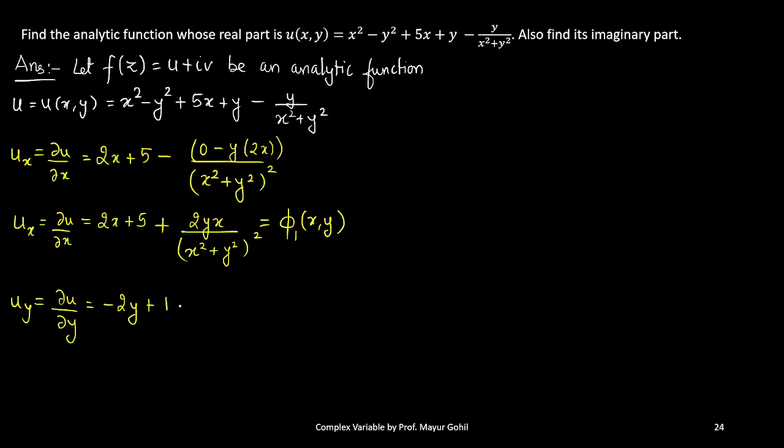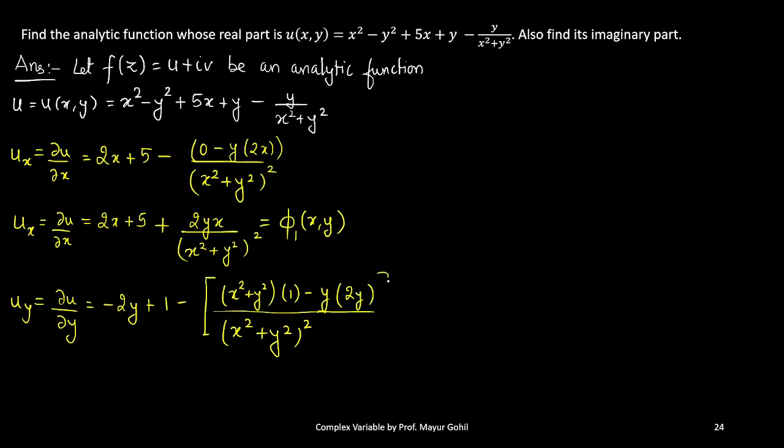Here again when we apply the u by v rule, we get x square plus y square the whole square, and then the derivative of the numerator, that is y, it's 1, minus y times the derivative of the denominator with respect to y. Now x square is 0 and y square derivative is going to be 2y. Put a bracket because there is a minus sign ahead.